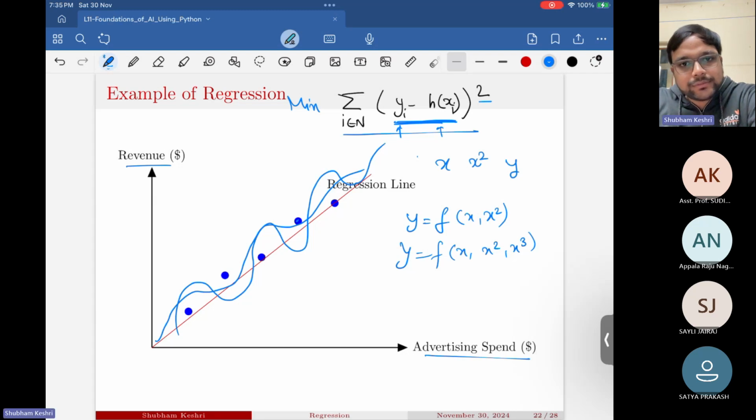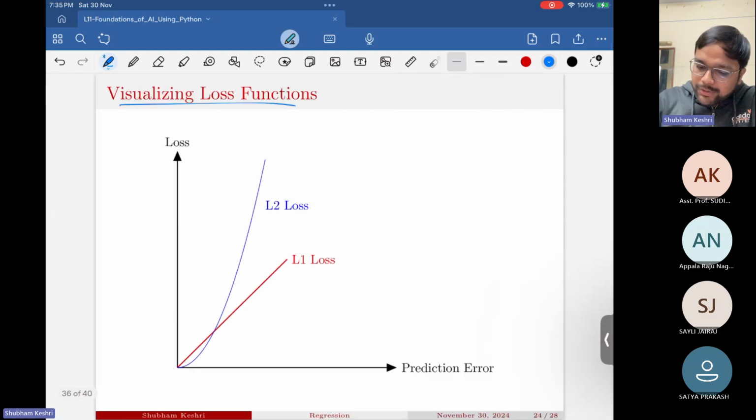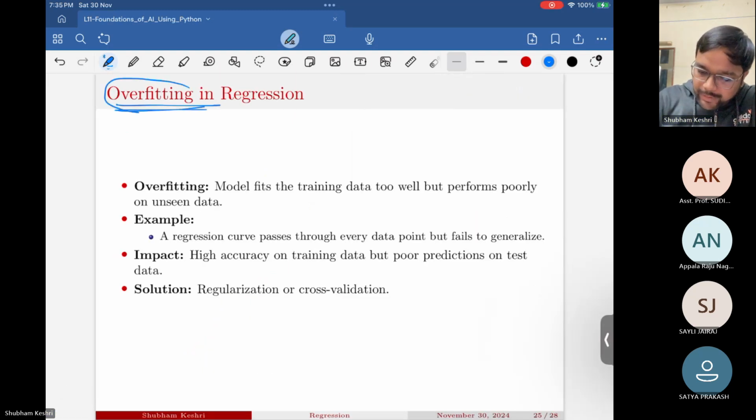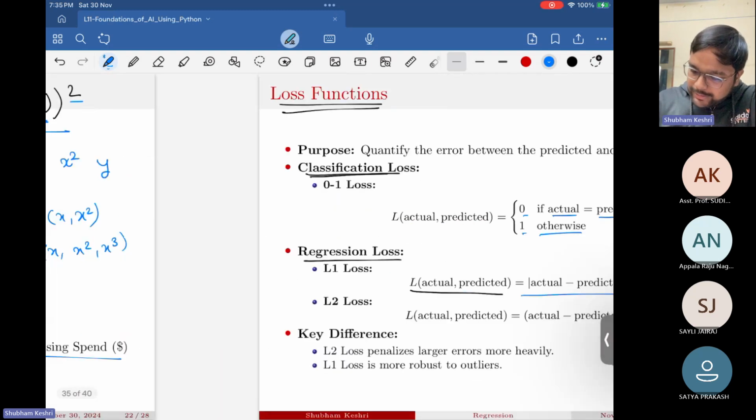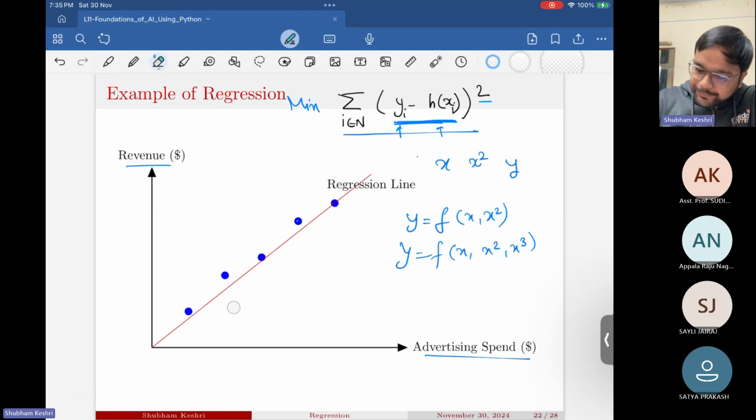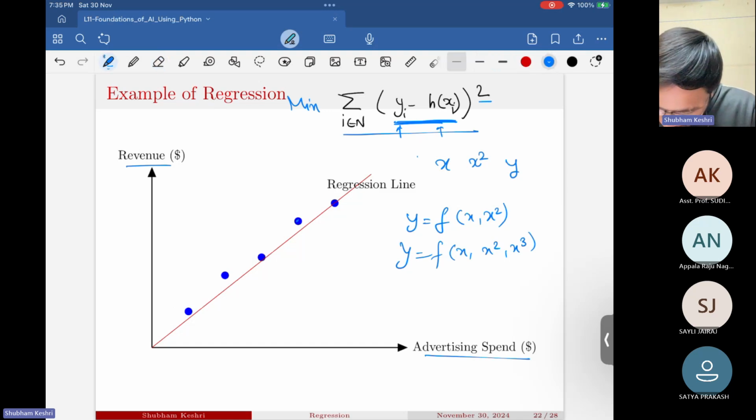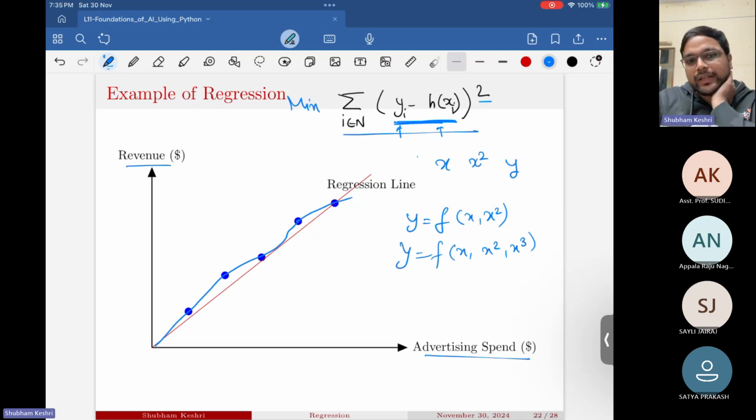Is it clear? Okay. So now the question comes of overfitting. I'll just erase this again. So suppose we are doing polynomial regression and we obtain this line. Do you think this is a good regression curve?